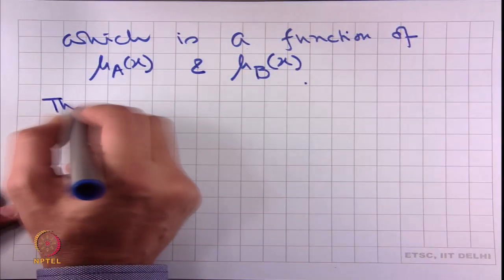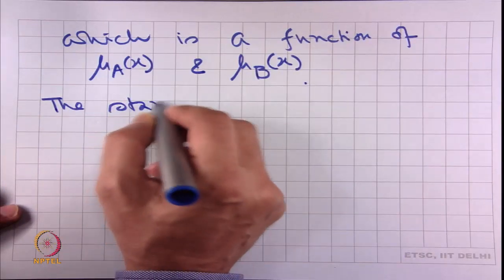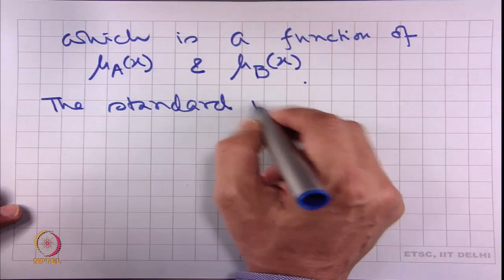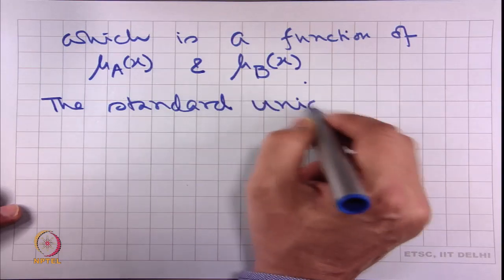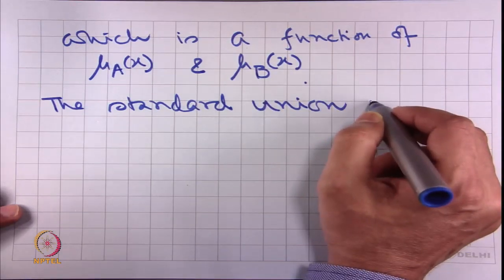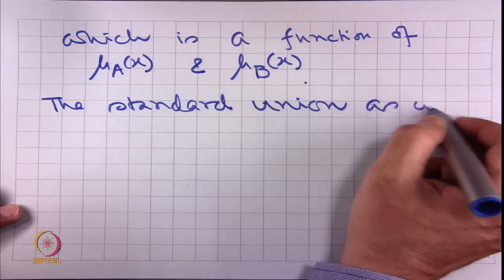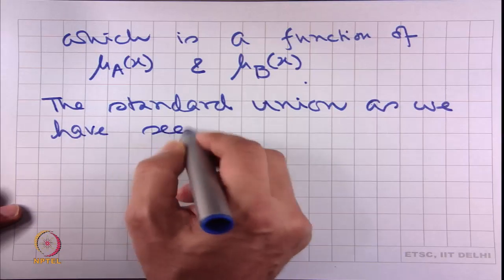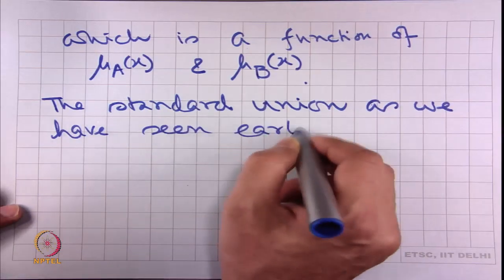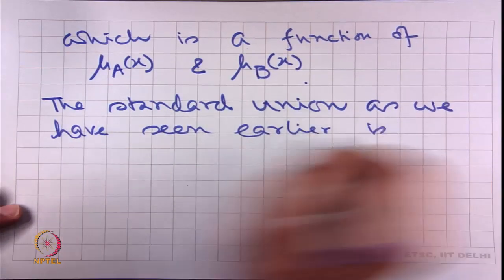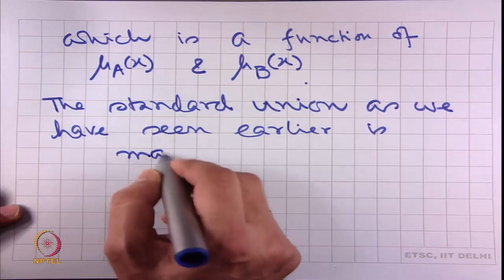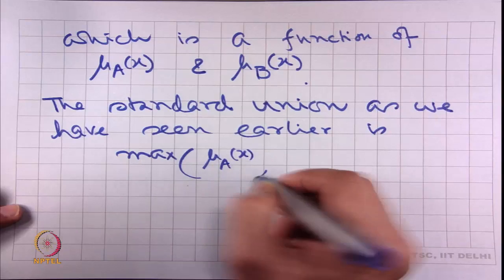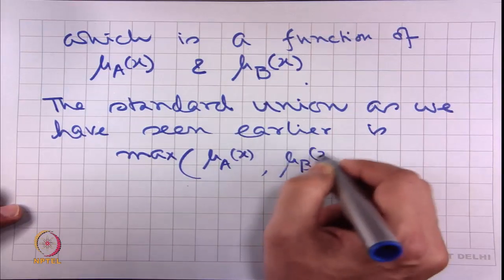The standard union, as we have seen earlier, is maximum of mu A x and mu B x.